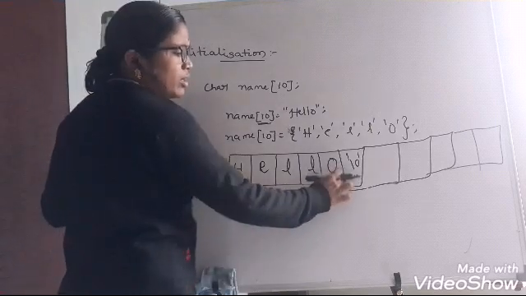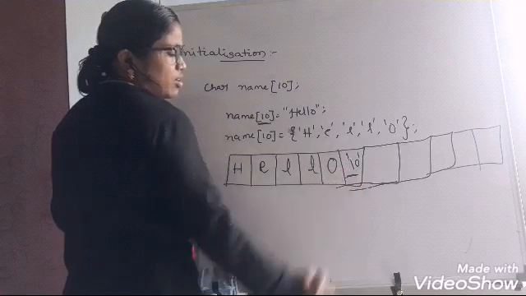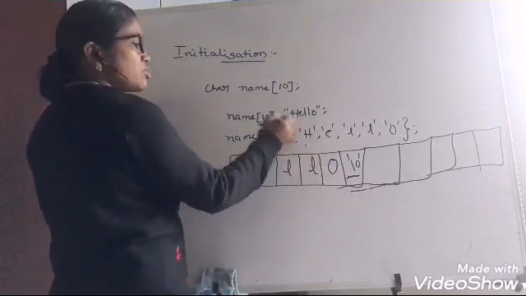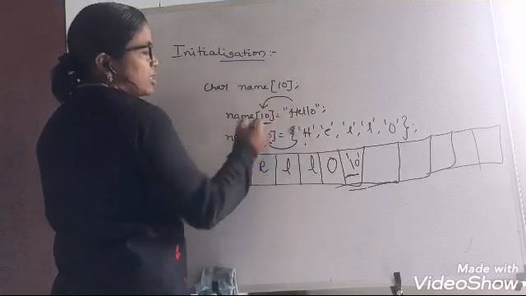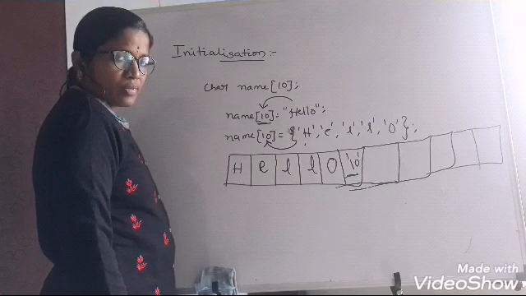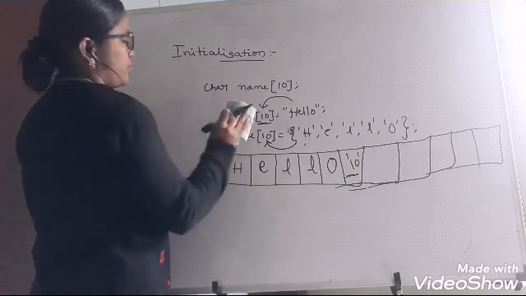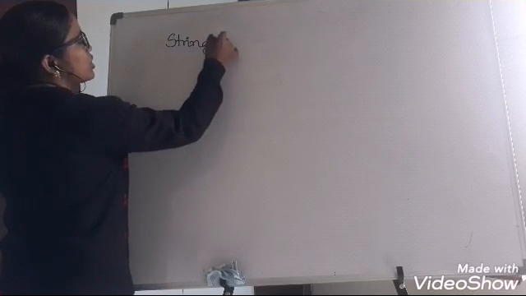This indicates it's the end of the string. Okay, like this we can assign a string to the character array, or like this also we can assign a string to a character array. Okay. So next we will see string handling functions.